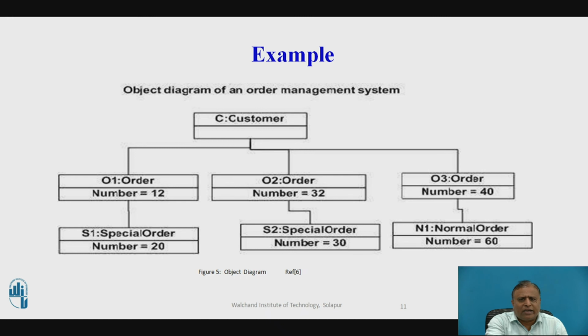Here the particular time when the purchase is made is considered as the moment when the instance is captured. The same is true for the special order and normal order objects, which have numbers of orders as 20, 30 and 60. It is a different time of purchase that is considered.